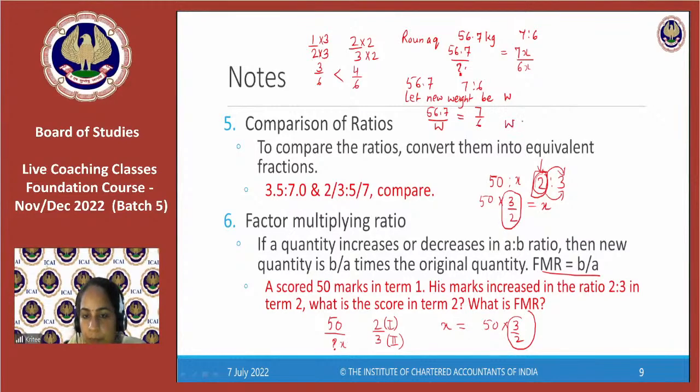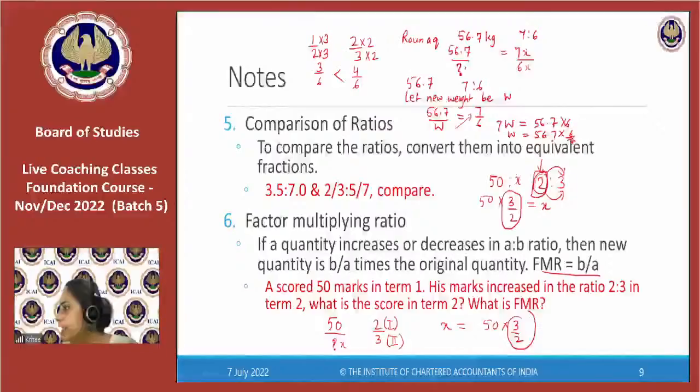So W will be equal to 56.7 multiplied with 6, by 7. So W will be equal to 56.7 into 6/7. Are you understanding now? Fine.